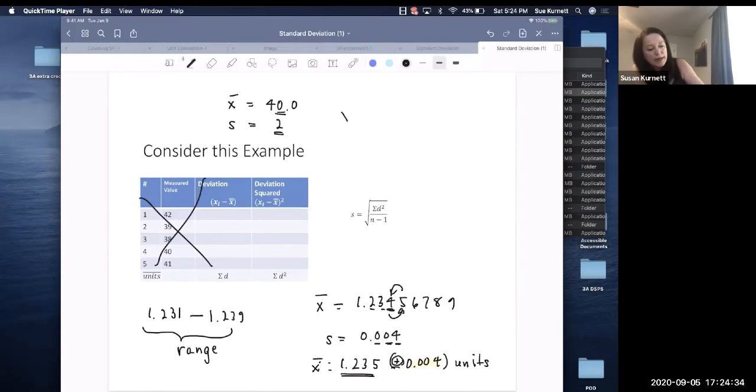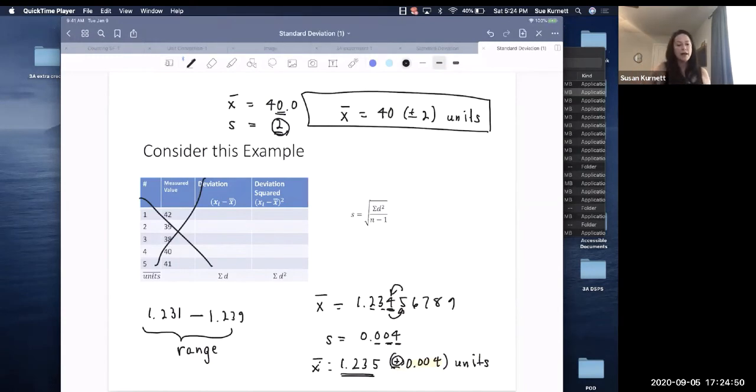And we would say it varies as much as plus or minus 2. So on the high end, we might have 42 as an answer we would find doing a replicate, and on the low end, we might have 38, which matches the data that we had. They really do range from 38 to 42.